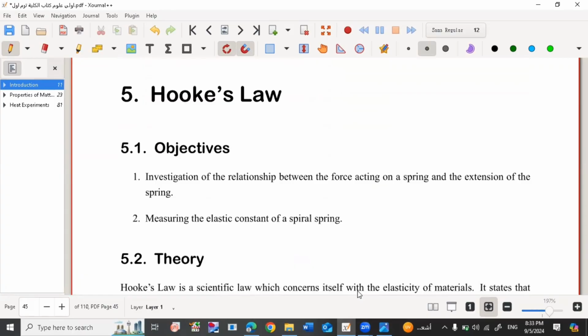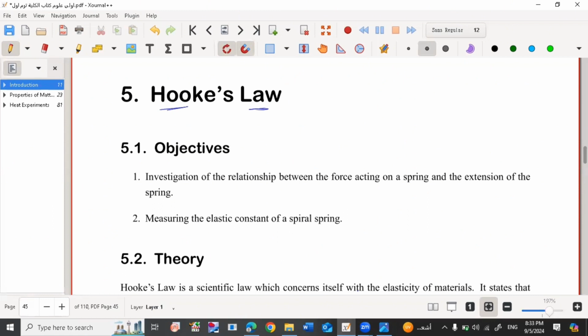Hello, everybody. This is the second experiment we are going to introduce, and this experiment is known as Hooke's law. This is very important to determine the elasticity constant of the material, and it's generally used for the mechanical properties of materials.